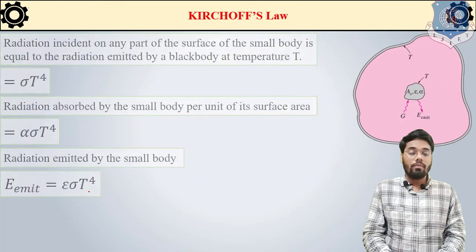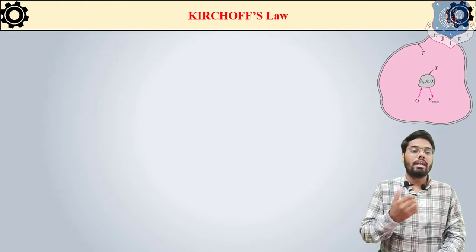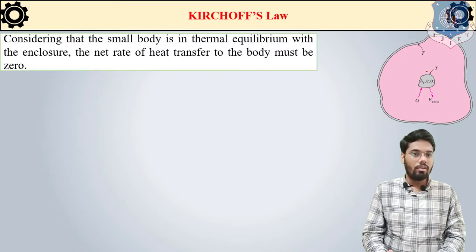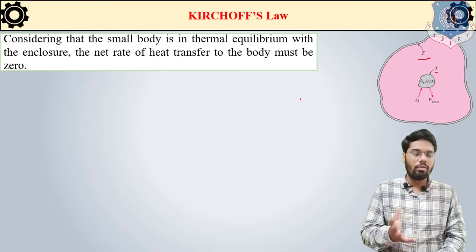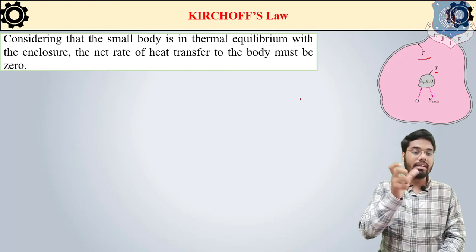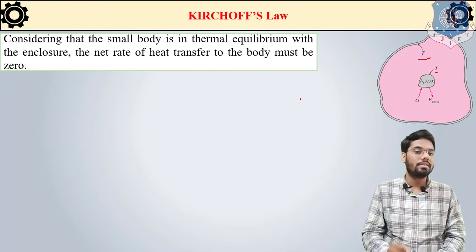Whatever electromagnetic wave is emitted by this body will be absorbed by the black body. Considering that the small body is in thermal equilibrium with the enclosure, the temperature of both this body and the black body is T. So both bodies are in thermal equilibrium. For thermal equilibrium, the net heat transfer between these two bodies should be 0.